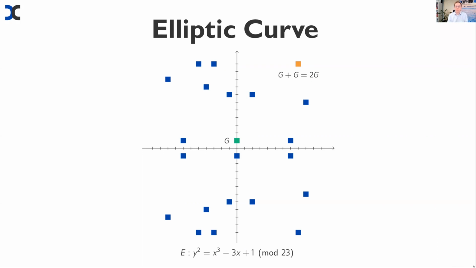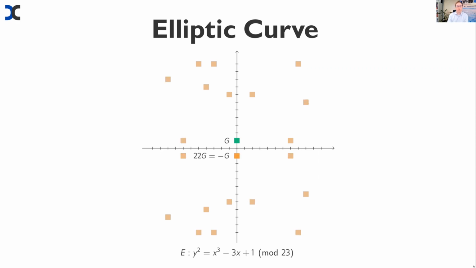Now if we continue adding G always to the previous result, what we see is that the result starts jumping to different parts of the curve in a seemingly unpredictable and random fashion, although there is a strict rule behind this jumping. For example, here we have computed 11 times G, so added G 11 times to itself.